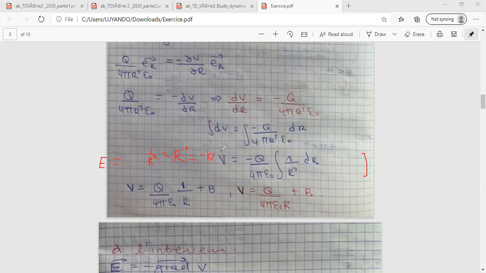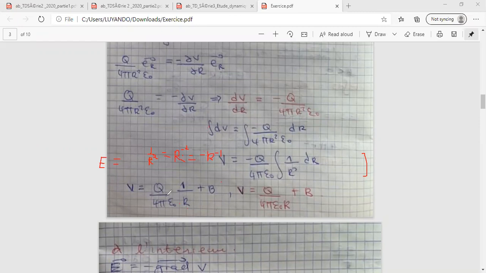If we take the r down, we're going to have negative 1 over r. Am I correct? Yes. So if we have negative Q over 4 pi epsilon 0 times negative 1 over r, the negatives are going to cancel.